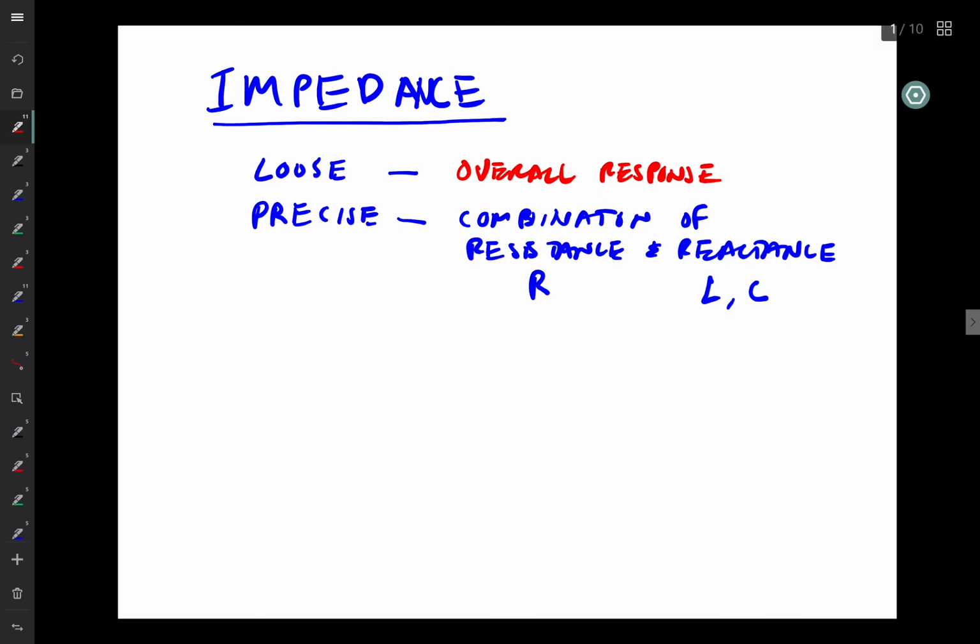So I have an overall response which I can write as delta V over delta I to any sort of change. So if I have a delta V and I want a delta I, that gives me my impedance associated with that circuit.